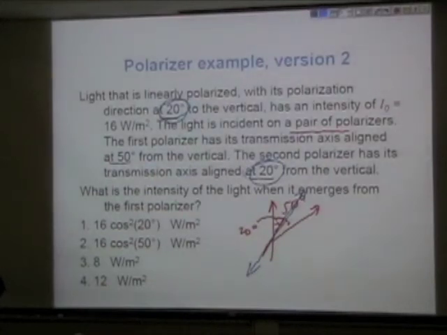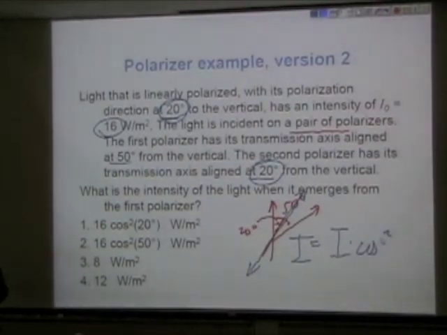What does it do? Two things. Number one, it polarizes it, so changes its direction. And number two, it changes the intensity now. How? Well, now the intensity after is supposed to be the intensity before, which is, as we know, supposed to be 16 times cosine squared of the angle.